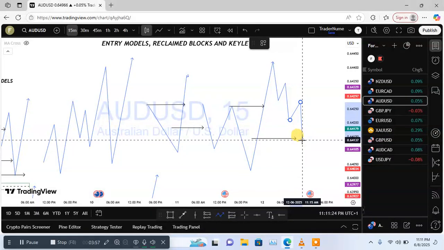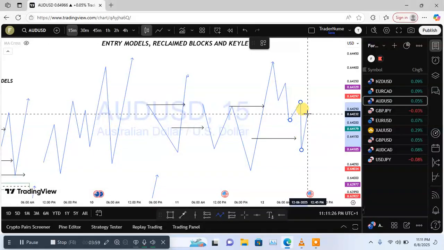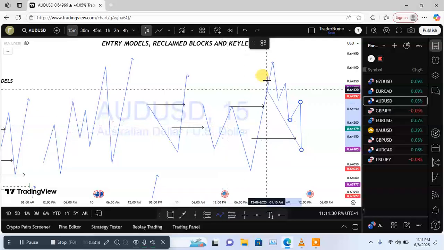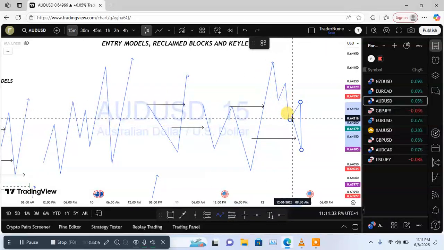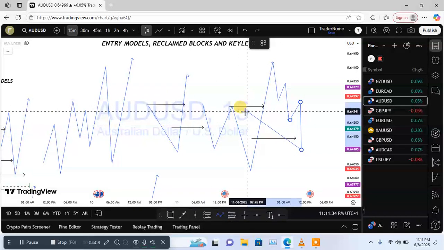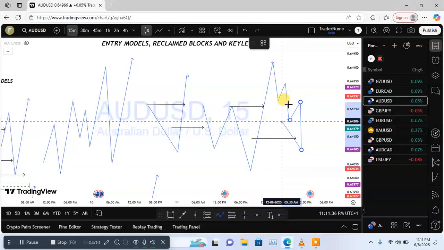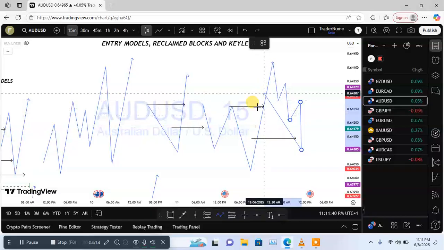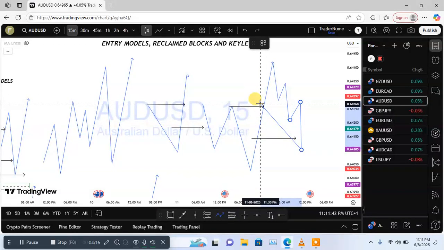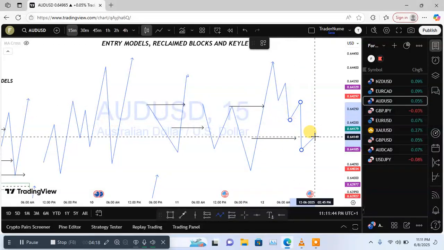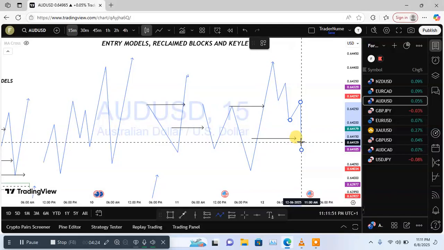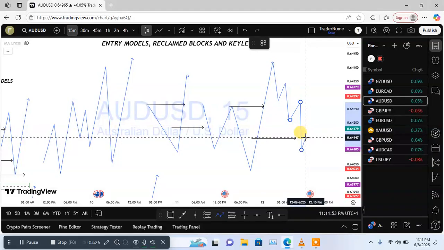Once price gets to your discount zone, remember, this is the 2 hours and this is the 4 hours, depending on the time frame you're using for your analysis. Supposing we are using the 2 hours time frame, you have price come down to your discount zone, then you switch to 30 minutes, 1 hour, or even 15 minutes, and these are the entry models you're looking for.